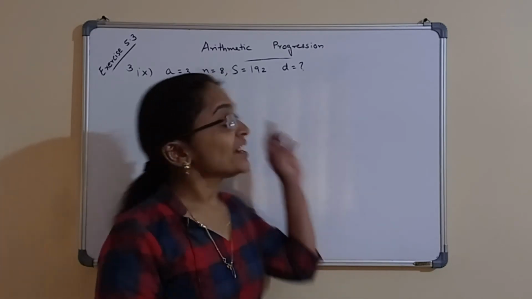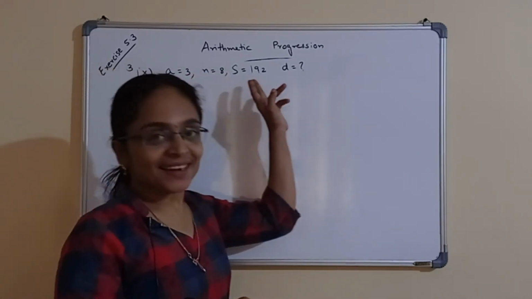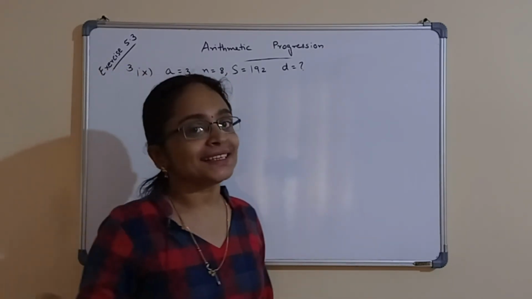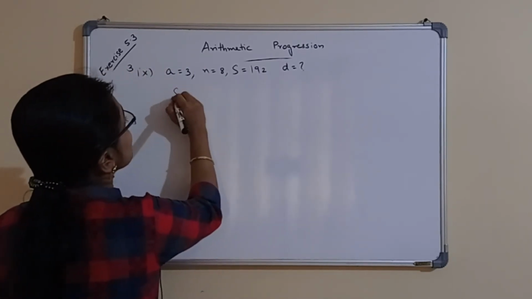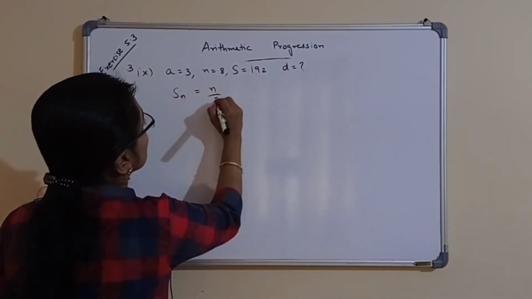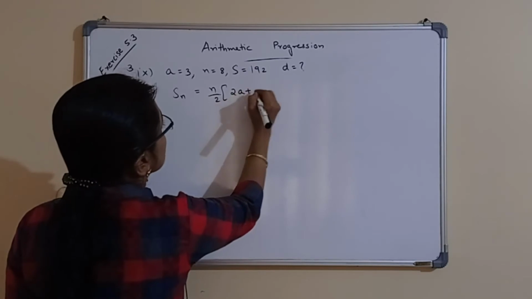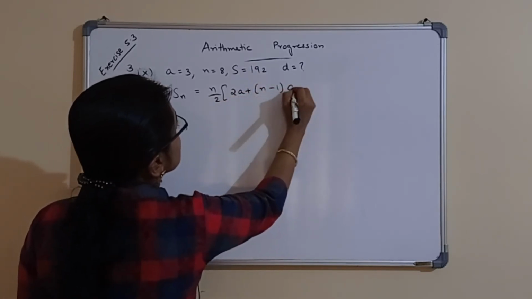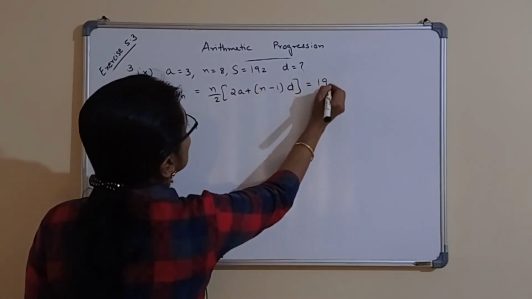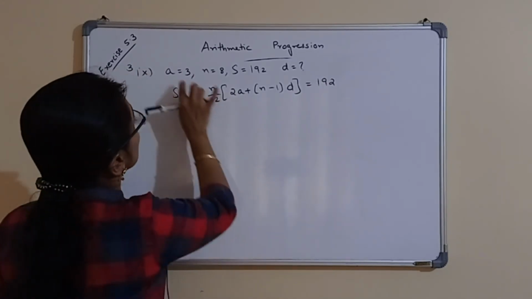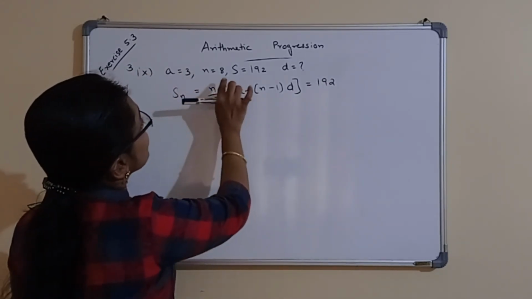Next one, given a equal to 3, n equal to 8 and Sn equal to 192. Find d. So, we have Sn is equal to n by 2 into 2a plus n minus 1 into d, which is equal to 192. Now, substitute all these a and n here.